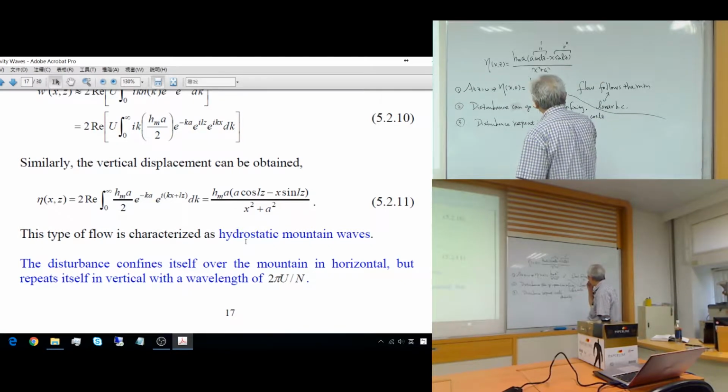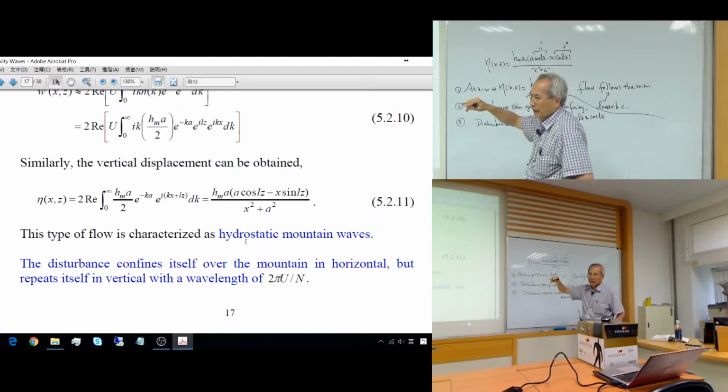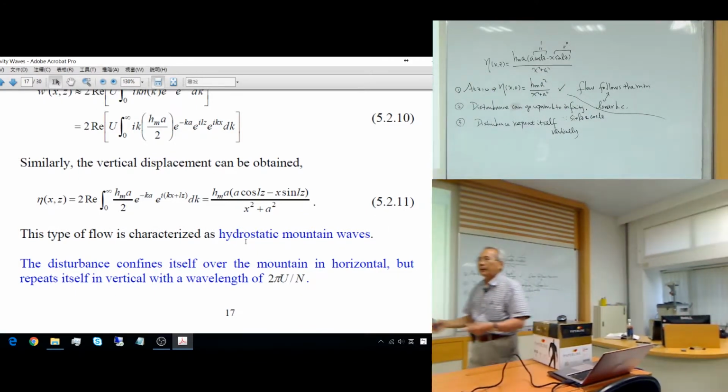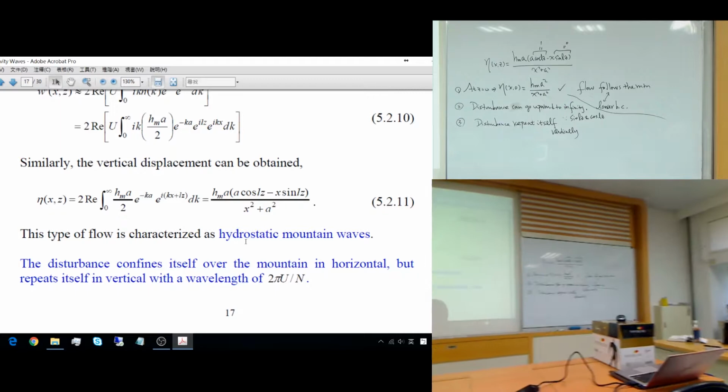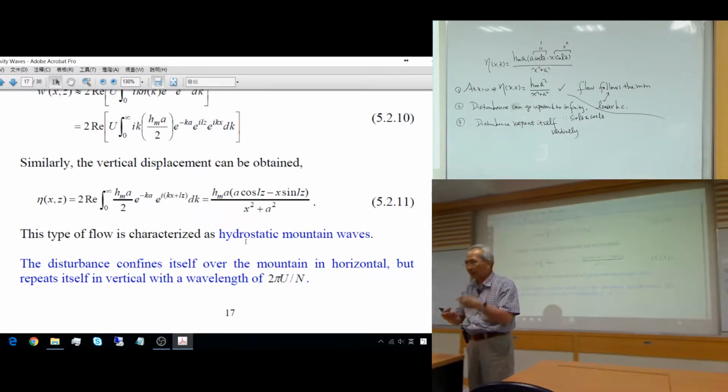So you look at the solution, that's a cosine, sine function. It's going to repeat. At what level is it going to repeat? If somebody asks you this question, what level is going to repeat?